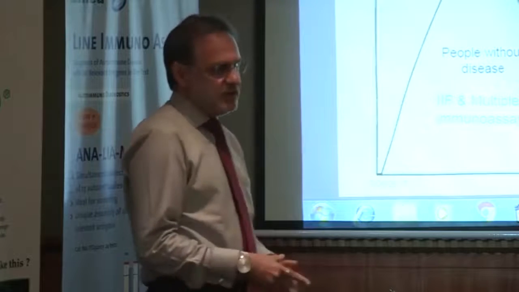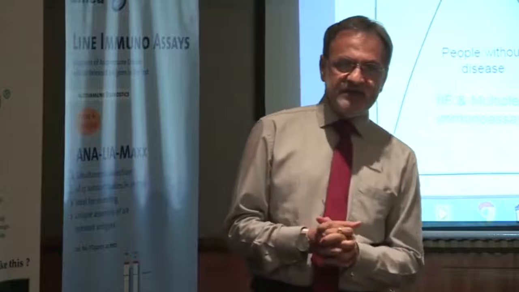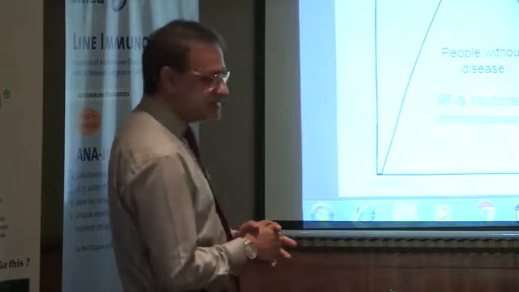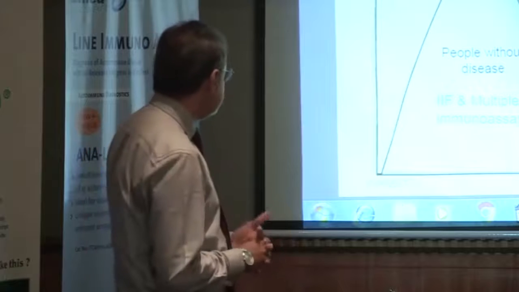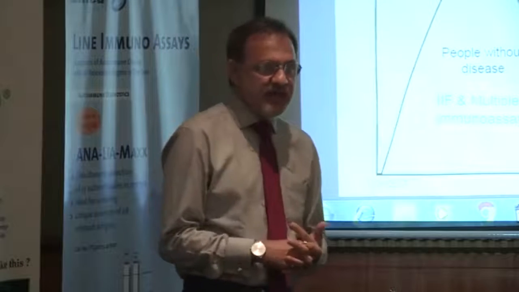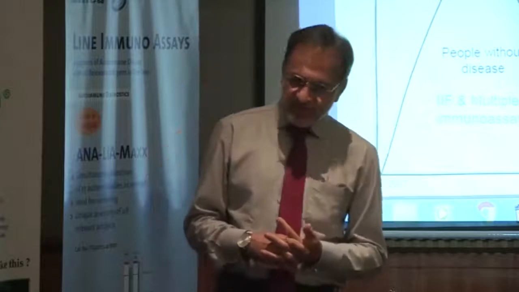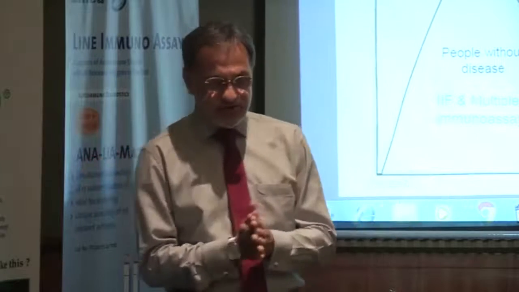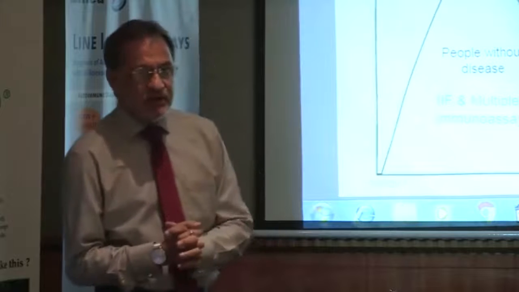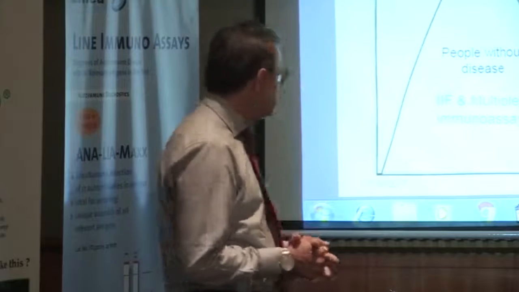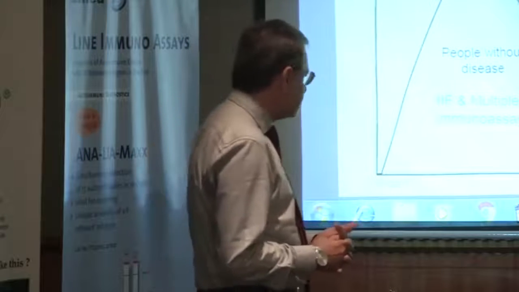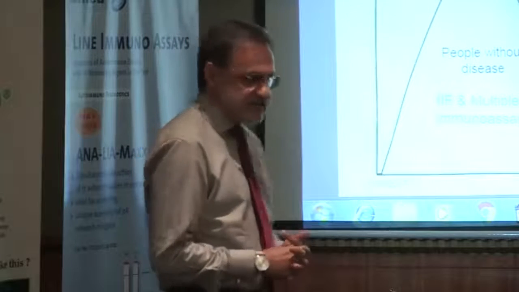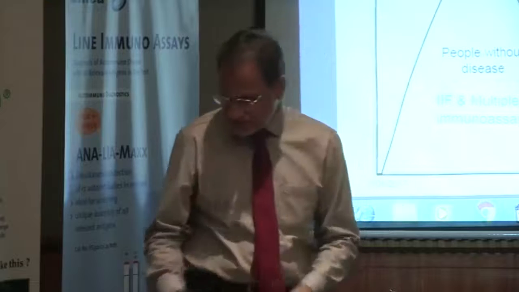If I classify ANA related testing into these two categories, then as you see in the lower part of the slide, immunofluorescence and multiplexing can be used as screening, because they screen for a variety of autoantibodies. Whereas line immunoassays, previously called ANA blot, and ELISA are used for confirmation.